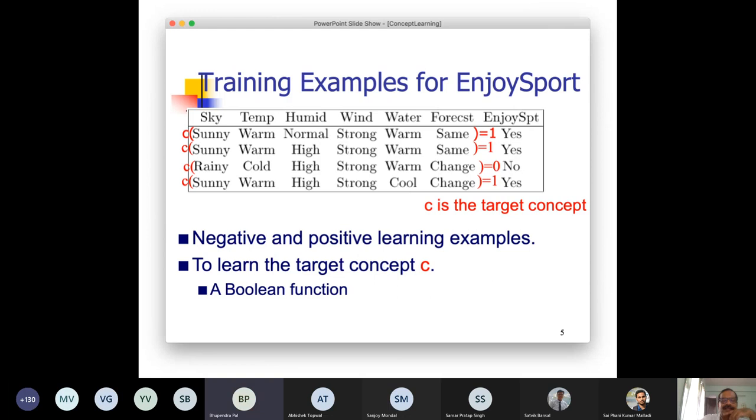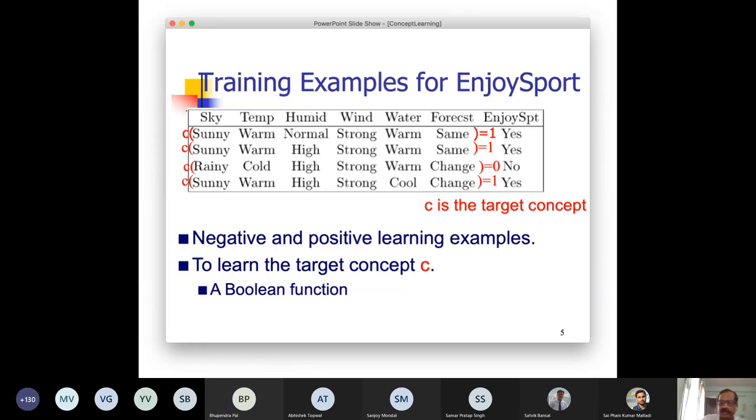I meant 2 to the power 64. You are saying the number of combinations should be 2 to the power 6. That is okay, right? If they are all binary valued, the number of combinations is 2 to the power 6.